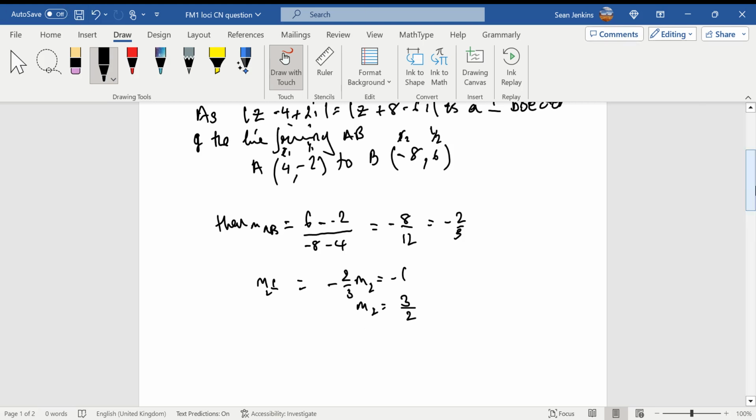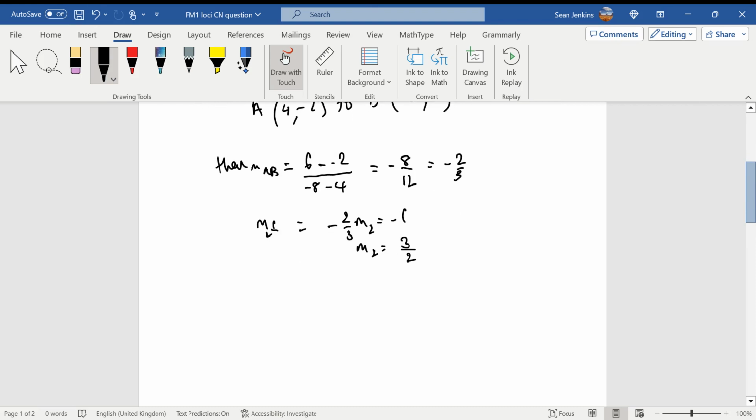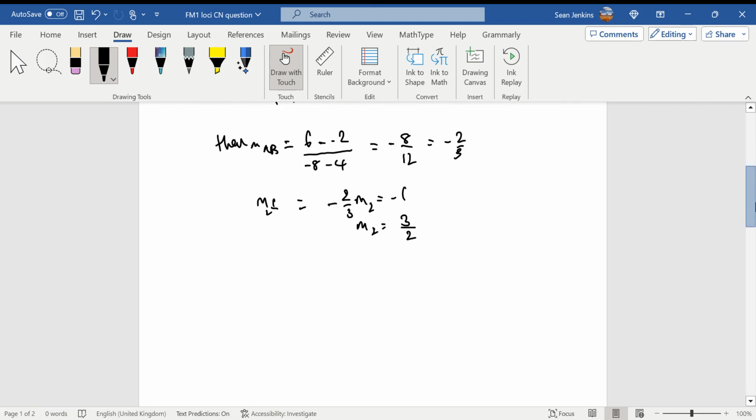Now we need to try to find the midpoint, because the midpoint of the line will be the point that bisects or cuts our normal line in half.